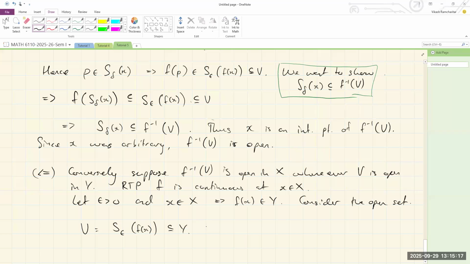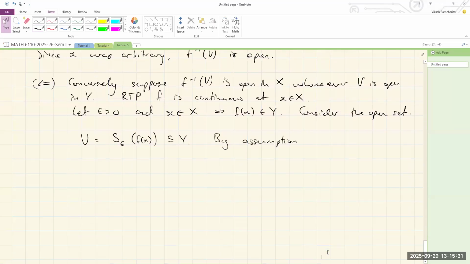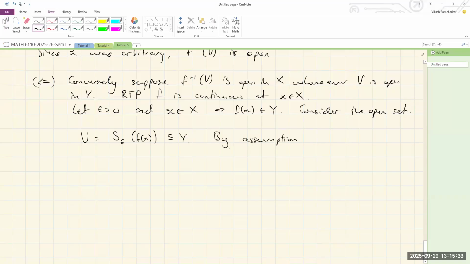So that's the open set in Y. Then by assumption, f is going to pull this open set back from Y into an open set in X. So by assumption, the preimage of this guy, which is equal to the preimage of this one, is open in X.